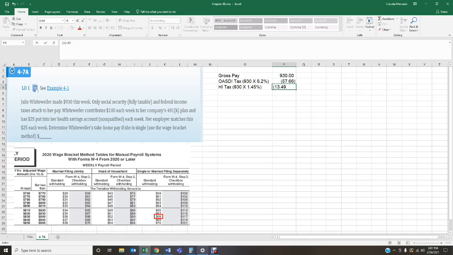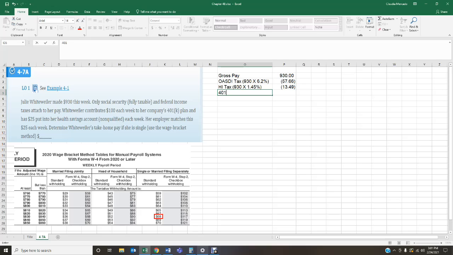And the order that you calculate these deductions doesn't really matter as long as you have all of your deductions included. Okay? I'm just trying to go in order. It started with Social Security, so I'm going to do my OASDI and my HI. Now, the problem also says that the employee contributes $100 into their retirement account, their 401k. So I know that I need to deduct those $100 because those $100 are going to be put into the retirement account.